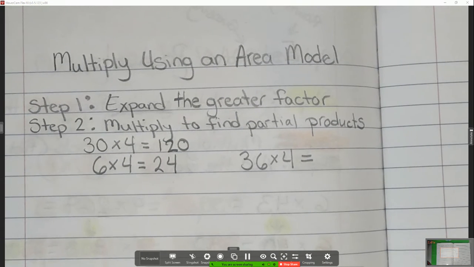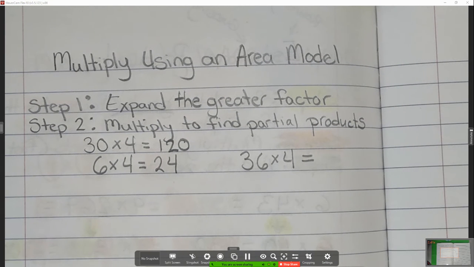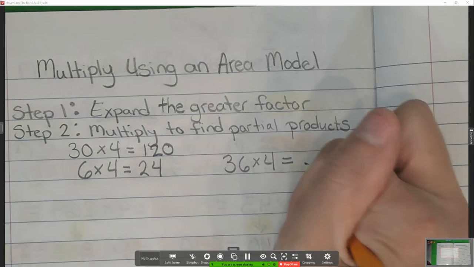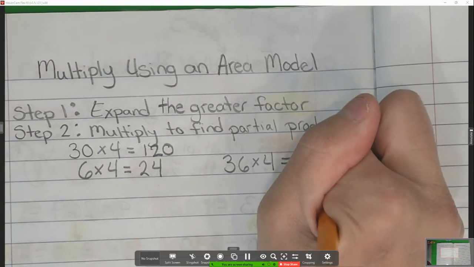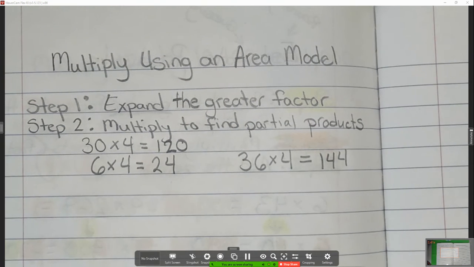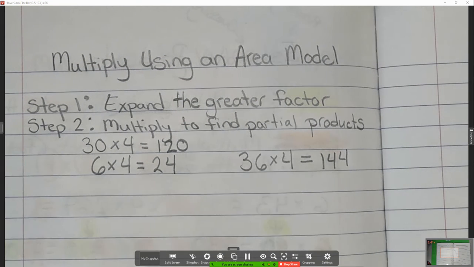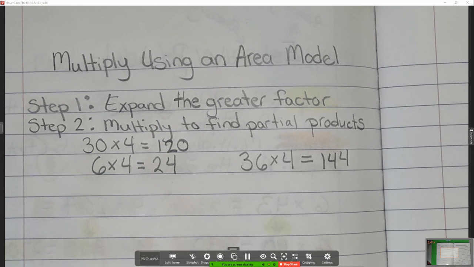So if I added 120 and 24, I would get the answer for 36 times 4, which is 144. So this is just an example, okay? We're going to be doing some work on it, and you're going to see what they mean by partial products in a second. We have one more step that we need to write down.